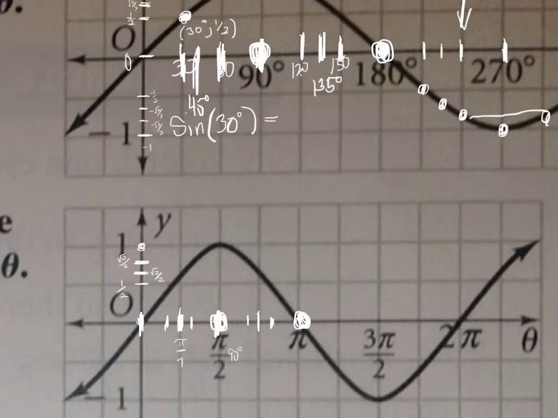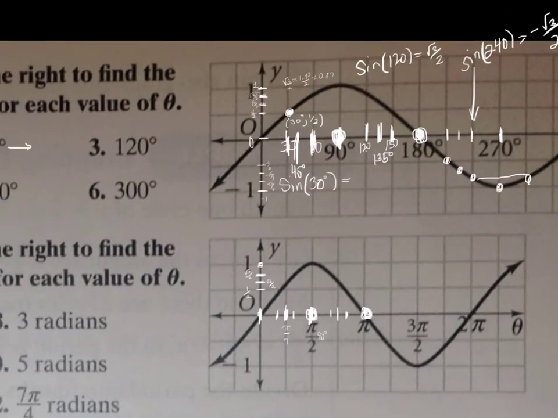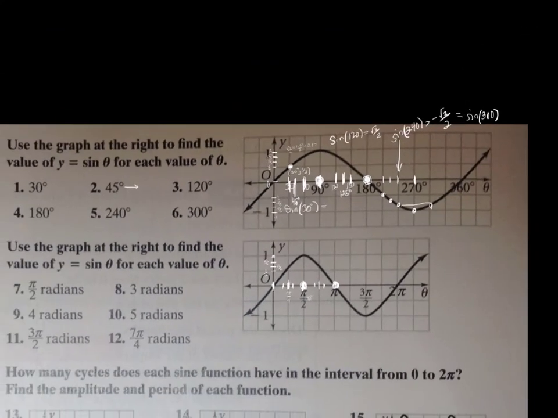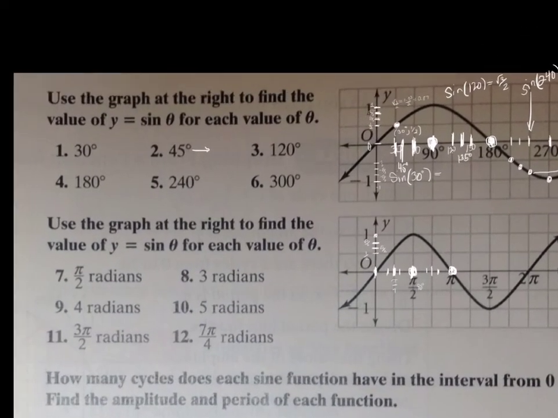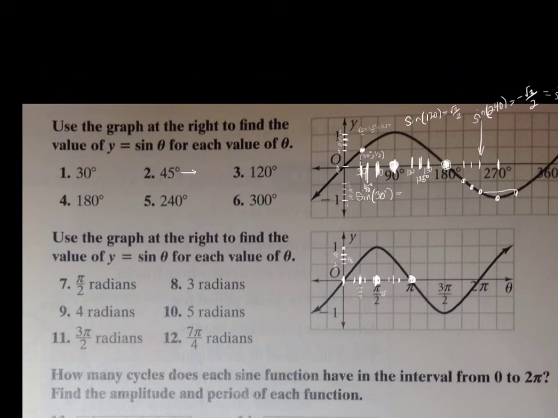So I think the good homework for you to do would be to take what we just did and go through this graph at the right. Now, I will tell you this. These are not going to be labeled, right? Because where is 3 radians? Well, it's somewhere over here next to pi, because 3 is slightly less than pi.